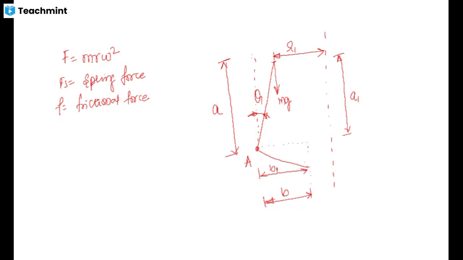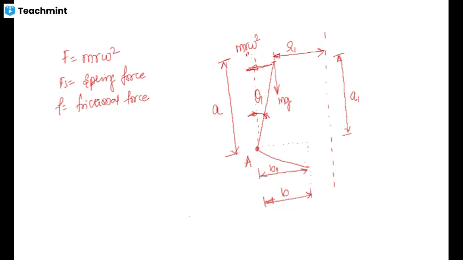Now, the forces which are acting at different points. At the mass position, you are going to get two forces. One is the centrifugal force, which is acting in the horizontal direction. This is m r1 omega square.